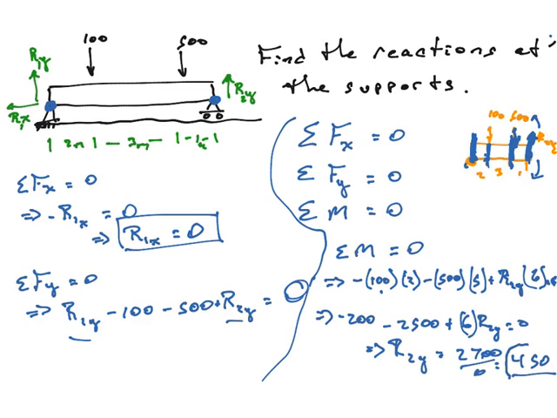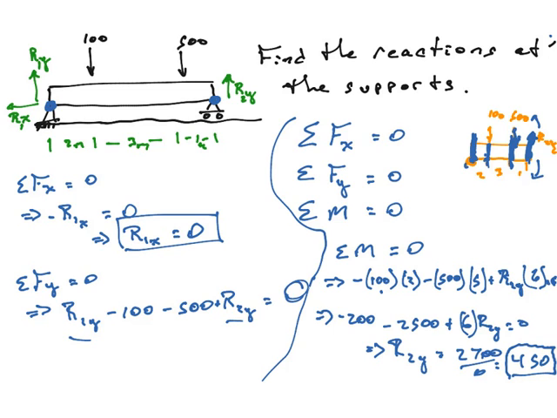Now I have my second reaction. Notice it came out positive, and that's because when I guessed that the reaction at the roller would be up, and it is up, thus I got a positive answer. If I guessed that the reaction at the roller would be downwards, then I would have gotten a negative answer here, telling me I guessed the wrong way.